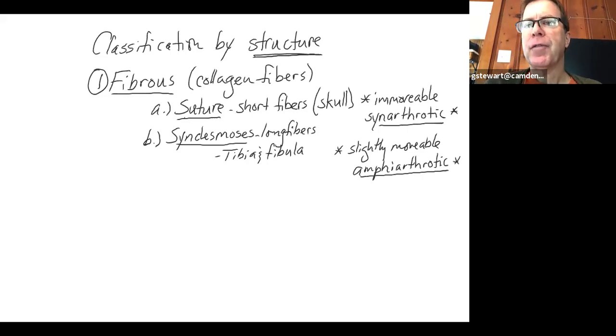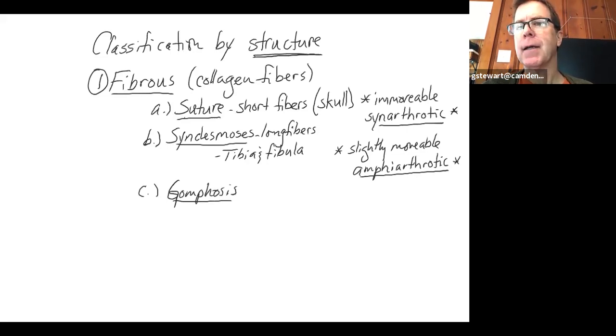And the third type of fibrous joint, C, is called a gomphosis. This is a peg in socket. It's just where our teeth insert into our maxilla and mandible. So I'm just writing peg in socket. I'm going to put in parentheses teeth.